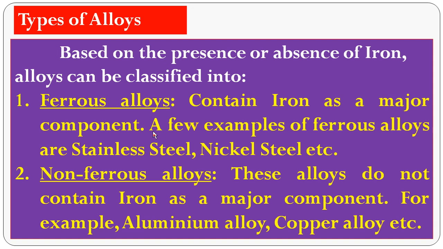A few examples of ferrous alloys are stainless steel and nickel steel. The second one, non-ferrous alloys. Non-ferrous means these alloys do not contain iron as a major component. For example, aluminum alloy and also copper alloy. So these are examples of non-ferrous alloys.